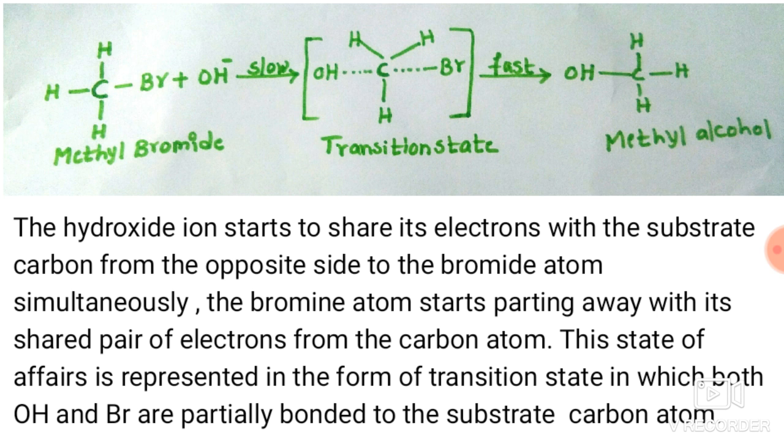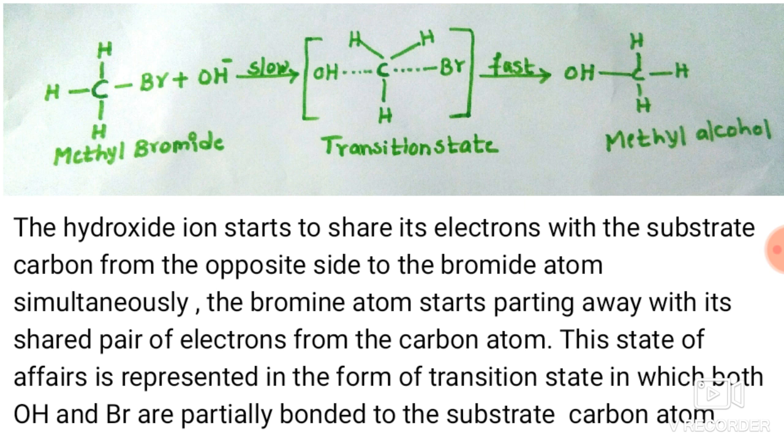The hydroxide ion starts to share its electrons with the substrate carbon from the opposite side to the bromine atom. Simultaneously, the bromine atom starts parting away with its shared pair of electrons from the carbon atom.